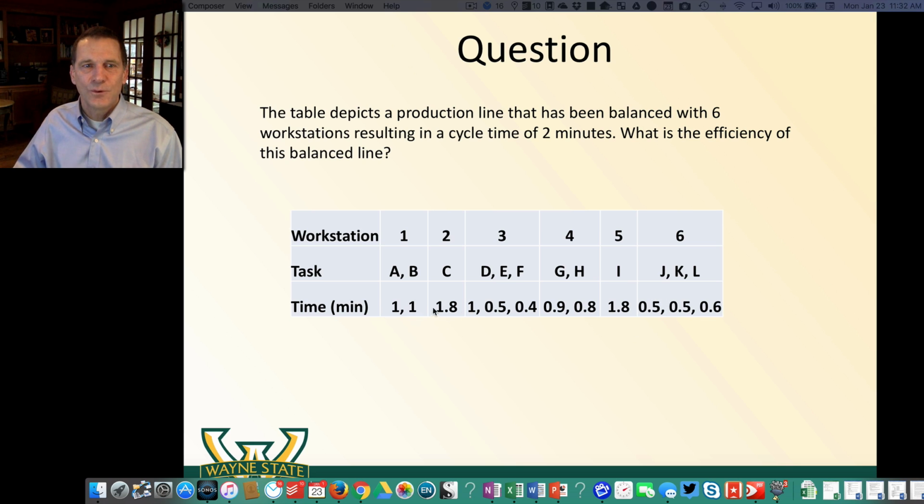So we could take the total of any of these workstation times and subtract it from our bottleneck, and we would know the idle time. And we can add those across and build the answer to this question. So let's do that.